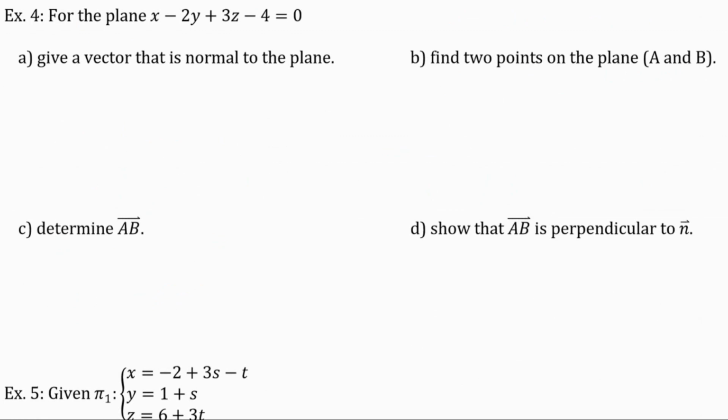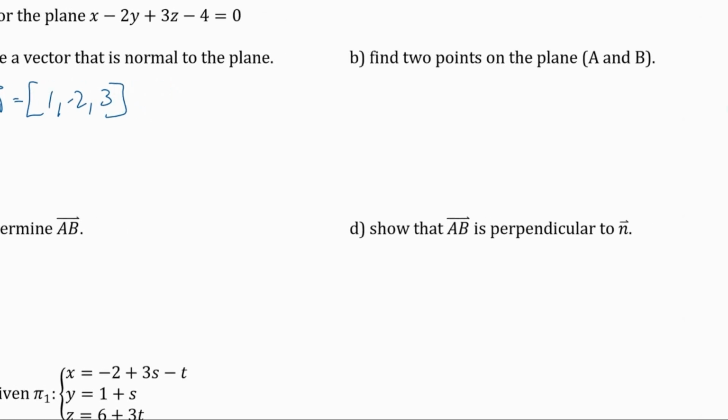Example 4: for the plane, give a vector that's normal to the plane. So again, keep it easy: 1, negative 2, 3. Find 2 points on the plane, A and B. Again, my recommendation is always keep things easy.